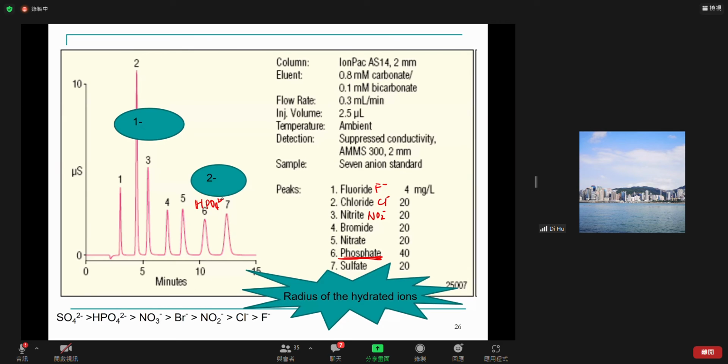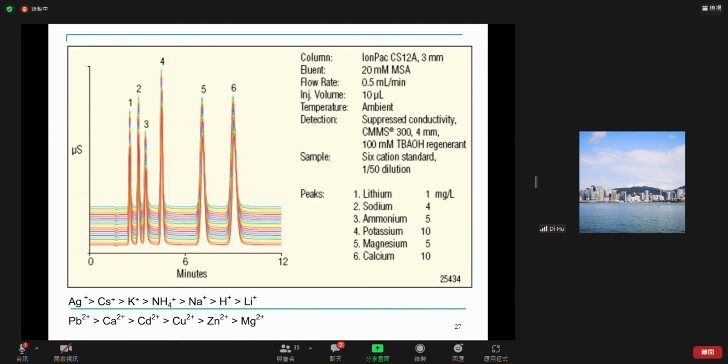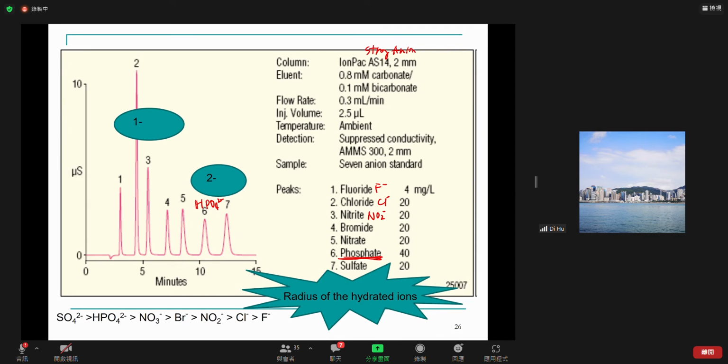What is the column? AS4. This one is highly cross-linked with a quaternary amine, so it's a strong anion exchanger. Can you see the mobile phase now? The mobile phase is a buffer solution of sodium carbonate and bicarbonate, and this is the flow rate.